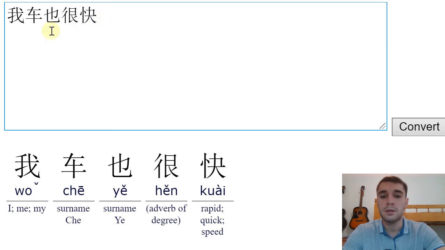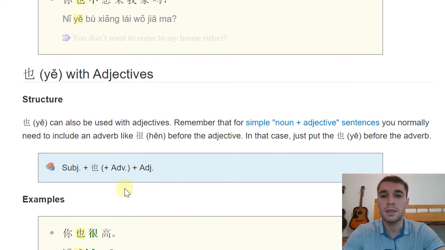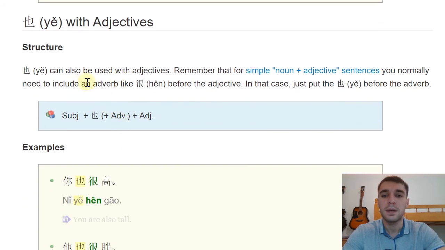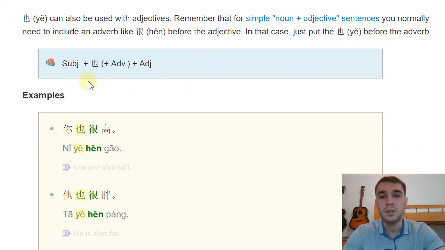So this is the next topic that I will explain right now. 也 can also be used with adjectives. Remember that for simple noun plus adjective sentences, you normally need to include an adverb like 很 before the adjective. In that case, just put the 也 before the adverb. So: subject, 也, adverb, then adjective.